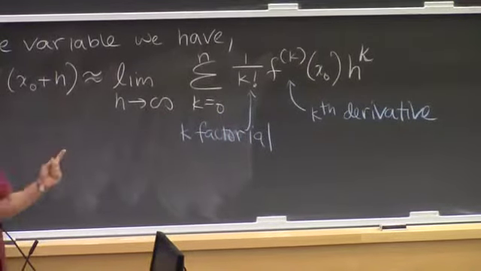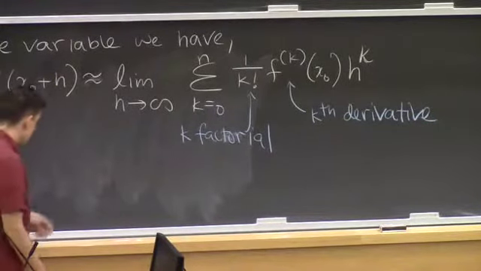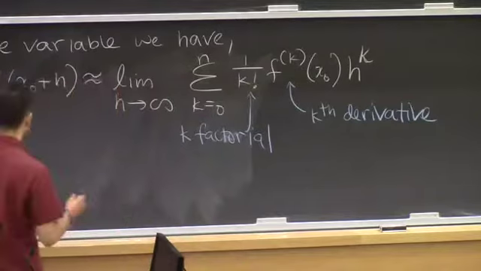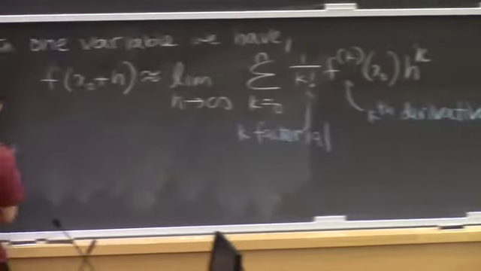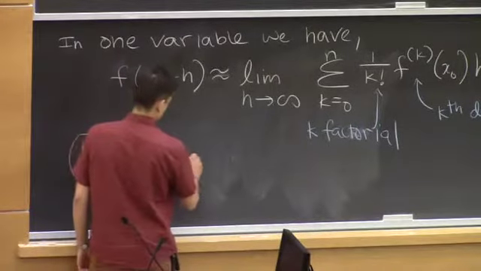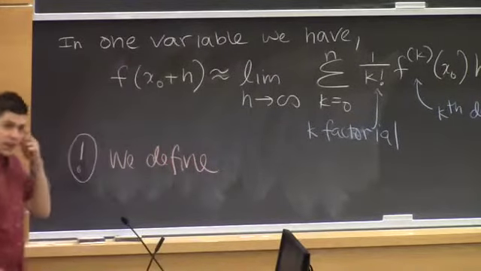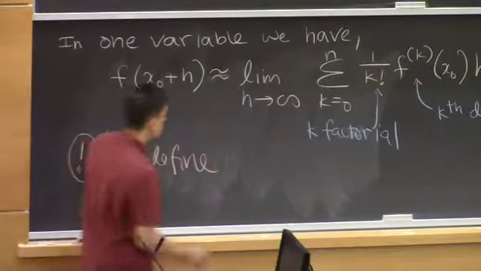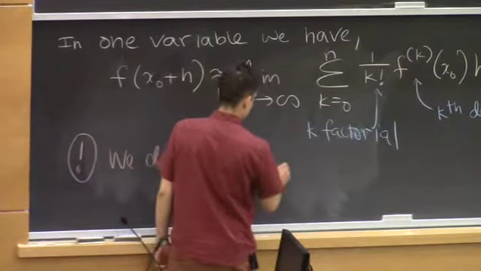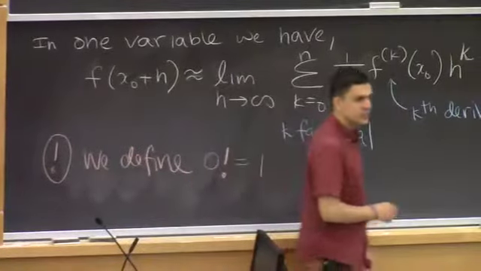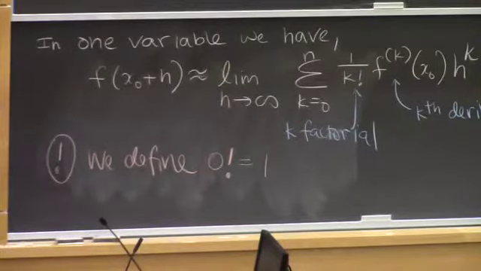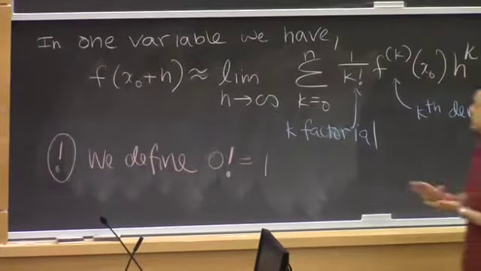There's one thing that often trips people up with factorials, so I want to spell it out now before we get too deep into things. We define 0 factorial to be equal to 1.